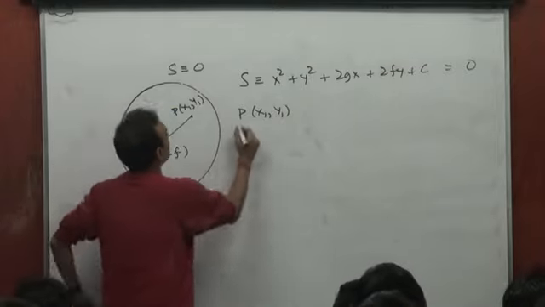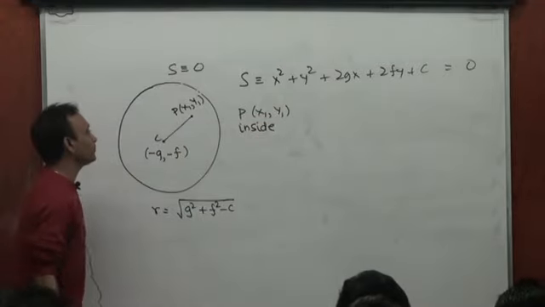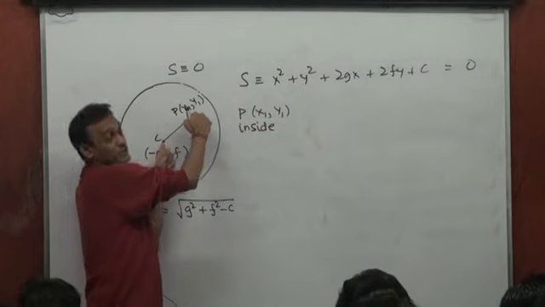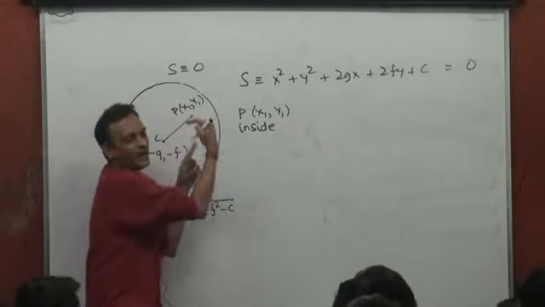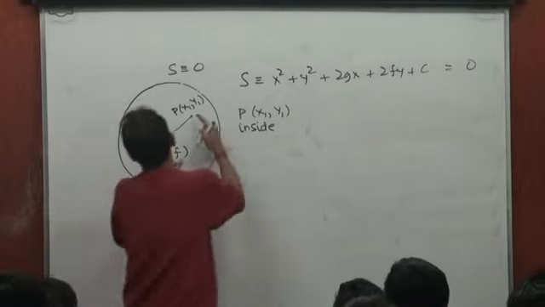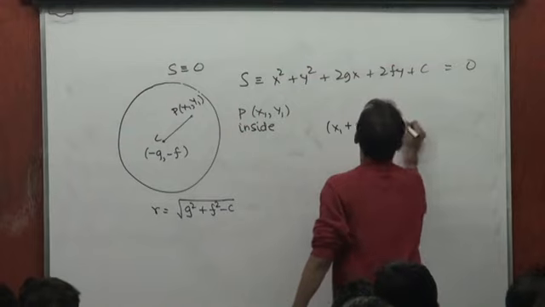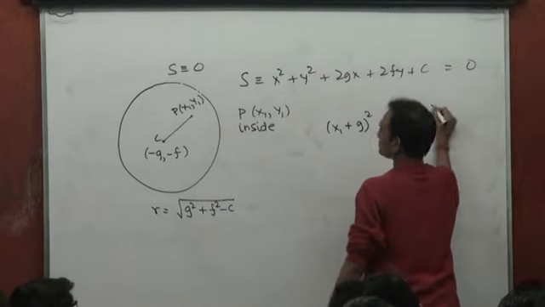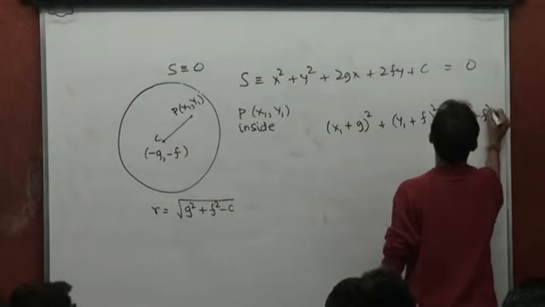So if the point P is inside the circle, then very clearly CP must be less than the radius. So CP squared must be less than radius squared, and CP squared is x1 plus g whole squared plus y1 plus f whole squared, less than r square, which is g square plus f square minus c.